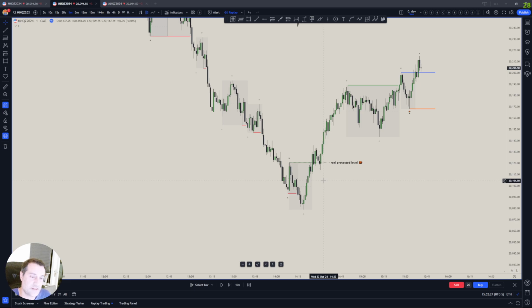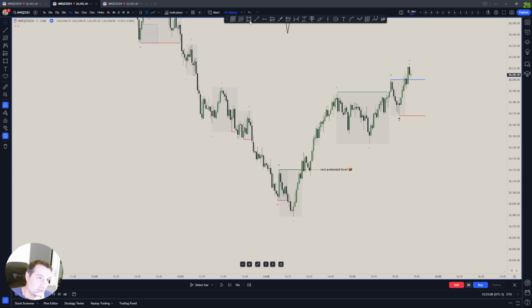And this means that we have, in some schools it's called a market structure shift, in some schools a change of character, in some schools a flip. But what this means is that if it's a real indication of a change in market trend, then the price should start to move up and create bullish zones instead of bearish zones.